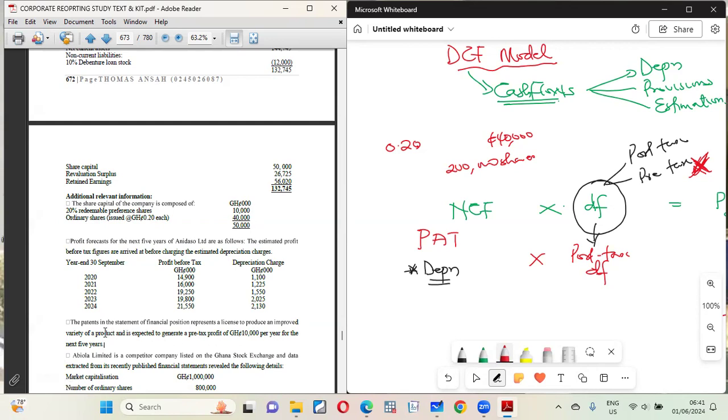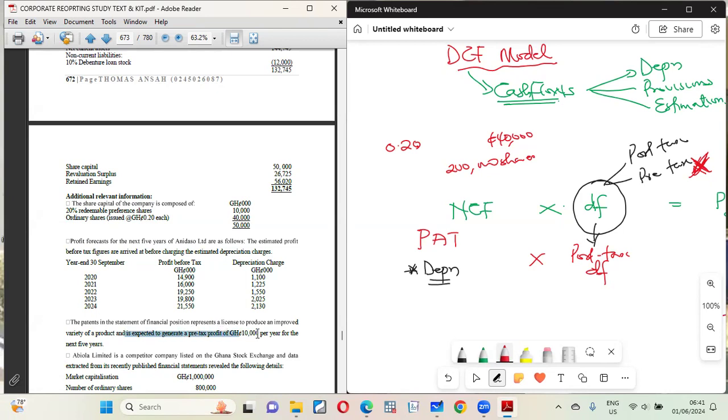I told you that internally generated intangibles are not recognized, but you could see from this that it's not internally generated. This one is IAS 38, research and development. It tells you that the patent is developed because it is expected to generate pre-tax profit. If you remember your IAS 38, I told you that we use the concept of PIRATES, and the last thing in it says the asset is expected to be beneficial. That's the clue they've given you here.